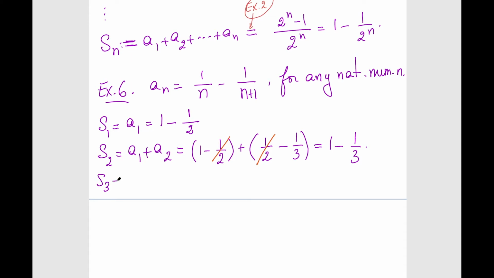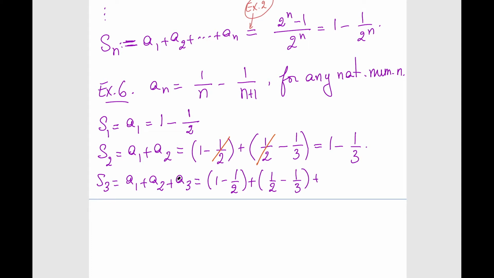S3, which is the third term now in the sequence of partial sums. So S3 is the sum of the first 3 terms in the sequence an, right? So A1 plus A2 plus A3. And that equals A1, we found it, so that's 1 minus 1 half, plus A2, which is 1 half minus 1/3.